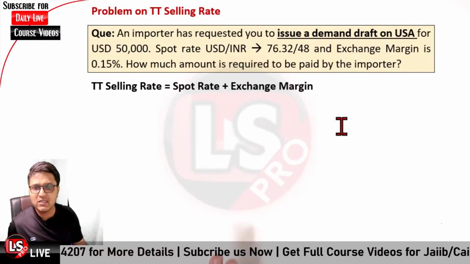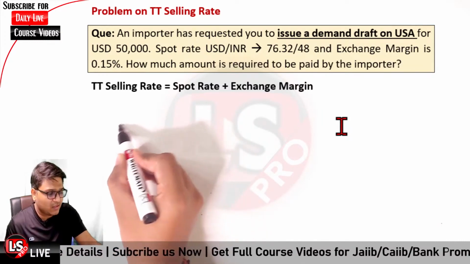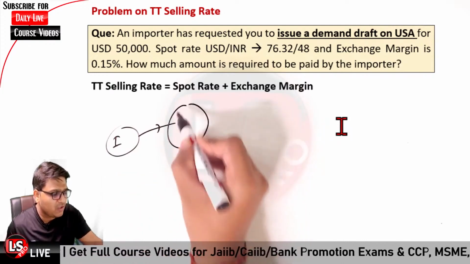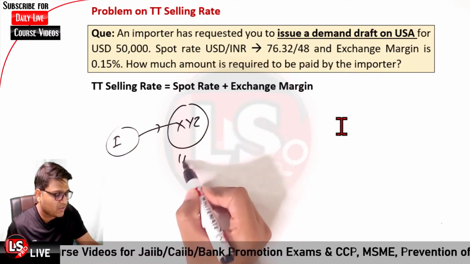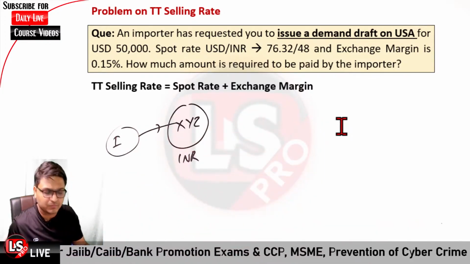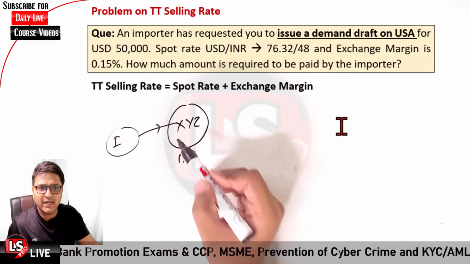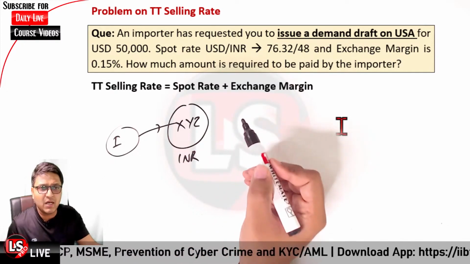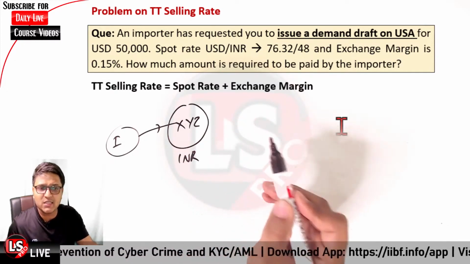So it is a case that here is a customer who is an importer, and he went to his bank XYZ, which is in India. Let us assume that XYZ bank is in India, and he requested that he wants to issue a demand draft on USA. It means the demand draft would be in USD, that is in foreign currency.